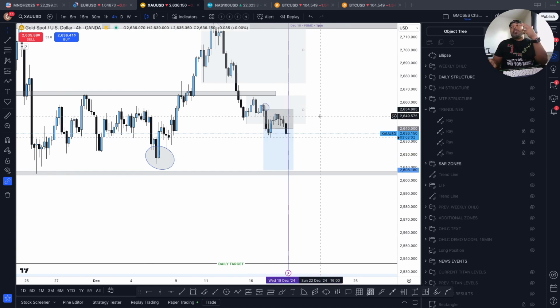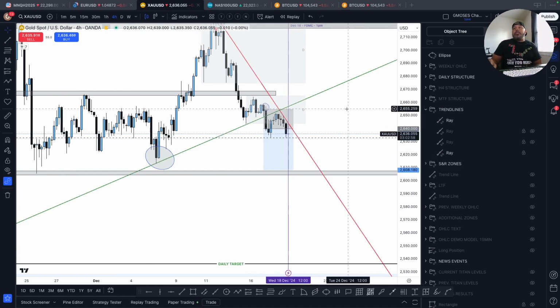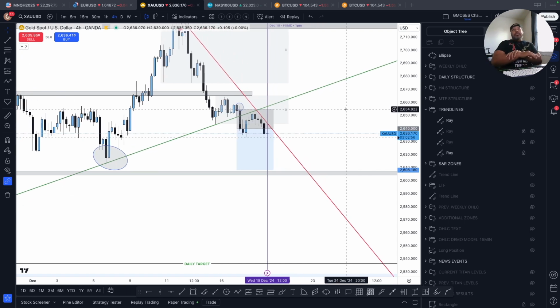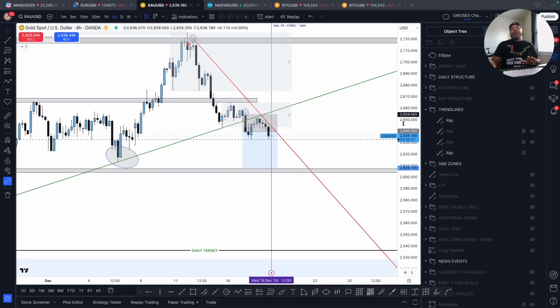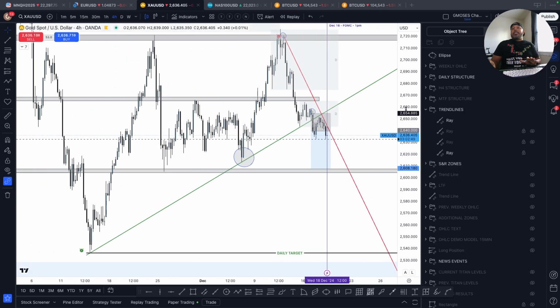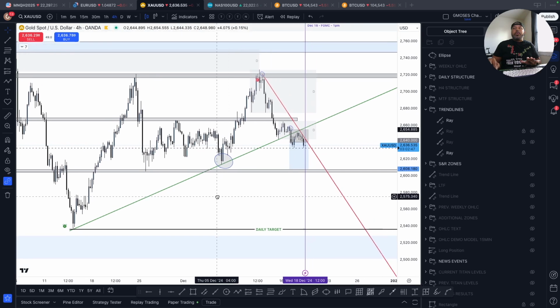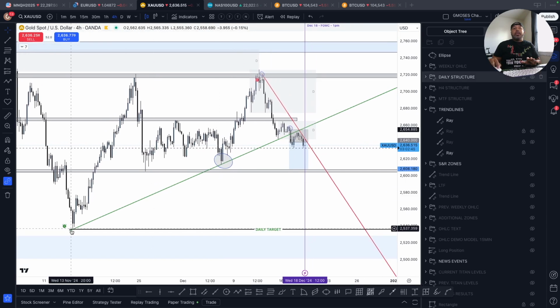I'm already in this particular trade. Also, I'm using simple trend lines to trail this trade. As you guys can see, we had a huge trend line here. 1 tap, 2 tap, 3 tap. And we can see that it's been bullish for quite some time.